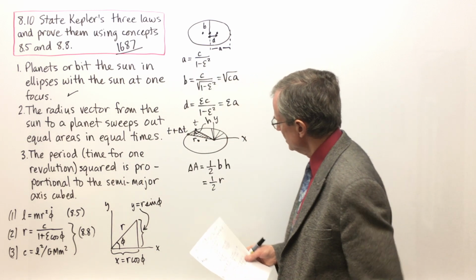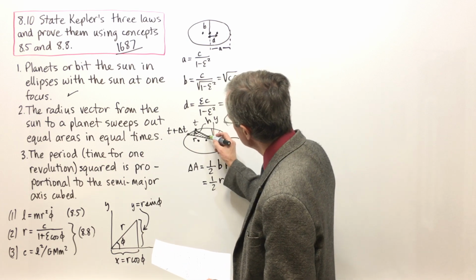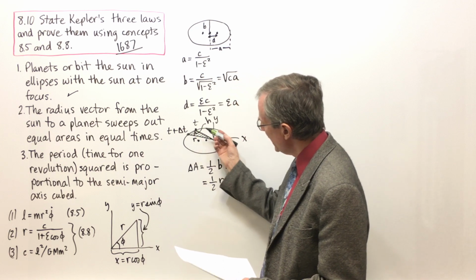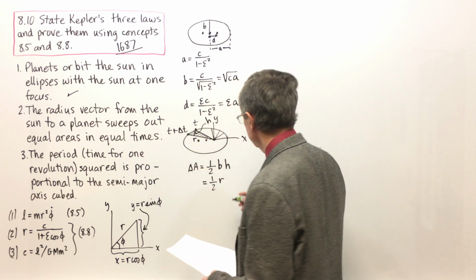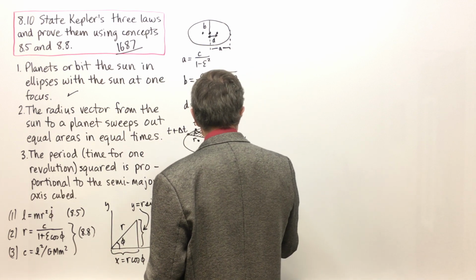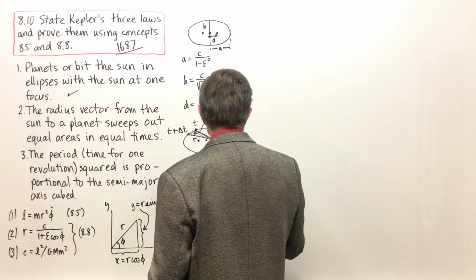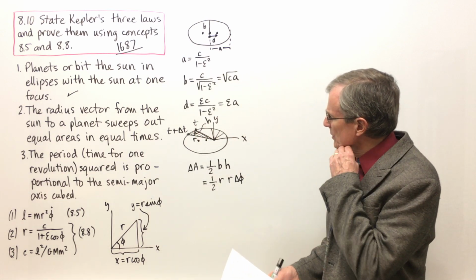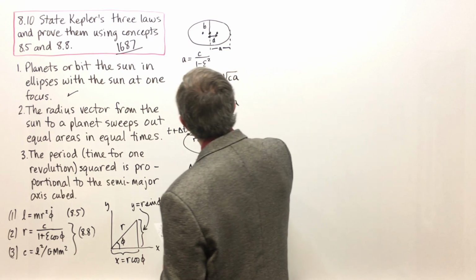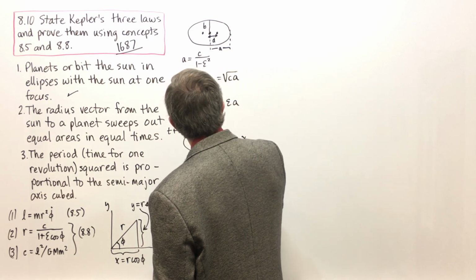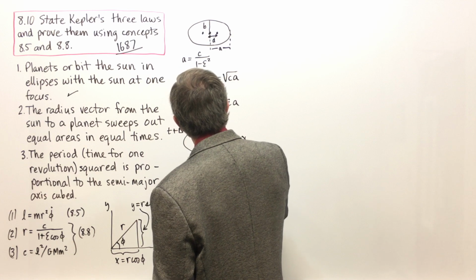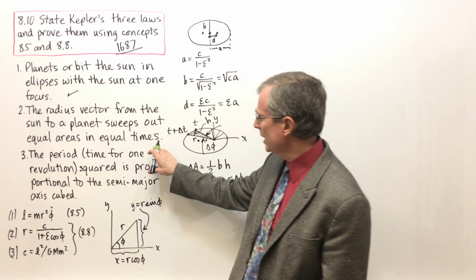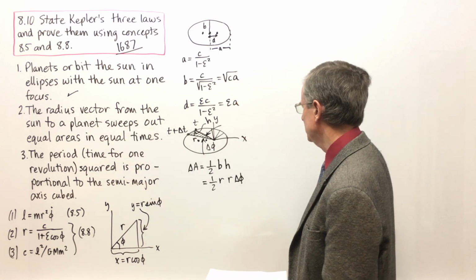But that distance is given by r times the angle through which it has swept. So this is the angle delta phi that is swept out in that time. That's the angle that we're talking about here. It's sweeping out an equal area in an equal time.